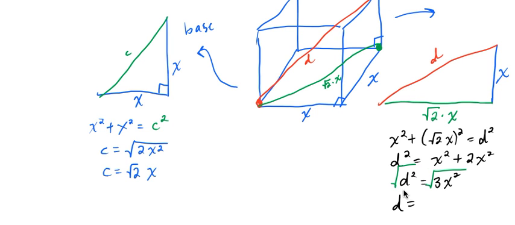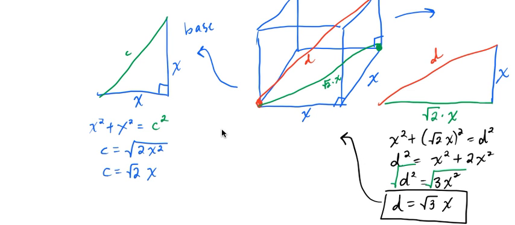Okay, because the square root of d squared is d, and this will simplify to the square root of 3 times x. So that's a nice simple equation that I would rather use to differentiate both sides, because the derivative of d with respect to t is dd dt. Square root of 3 hangs out, and the derivative of x with respect to t is dx dt.